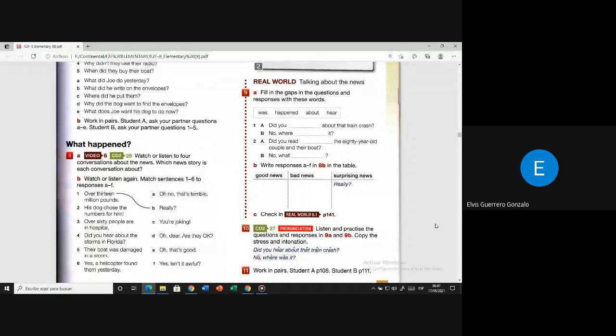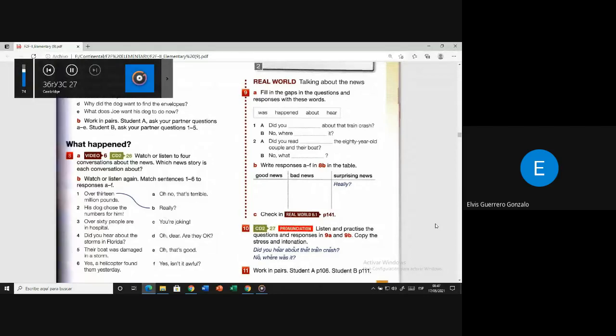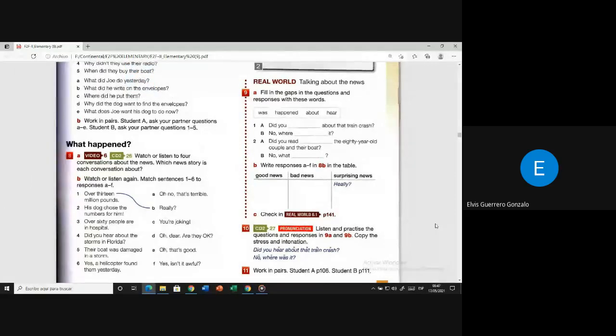Did you hear about that train crash? No, where was it? Did you read about the 80-year-old couple and their boat? No, what happened? Oh, that's good.